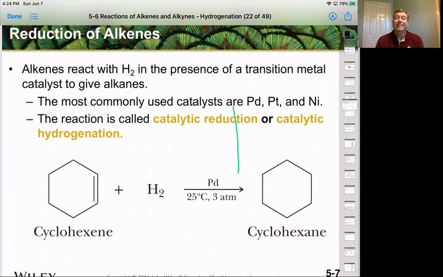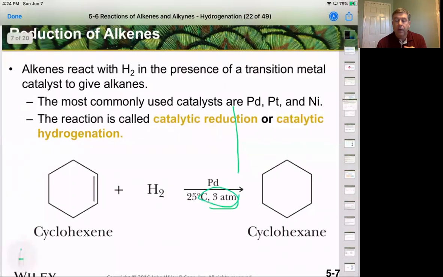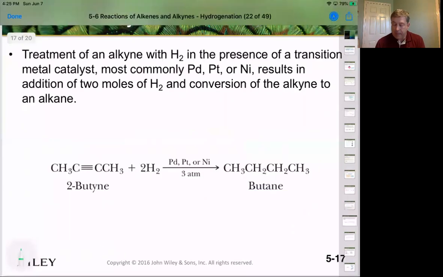And what we call this is catalytic reduction or catalytic hydrogenation. And most of the time we use things like palladium, platinum, and nickel, where we have the hydrogen adsorbed to the surface of the metal. And notice occasionally we use a little bit of pressure to get that hydrogen to adsorb to the surface of the metal, and then we get addition of the hydrogen onto the alkene.